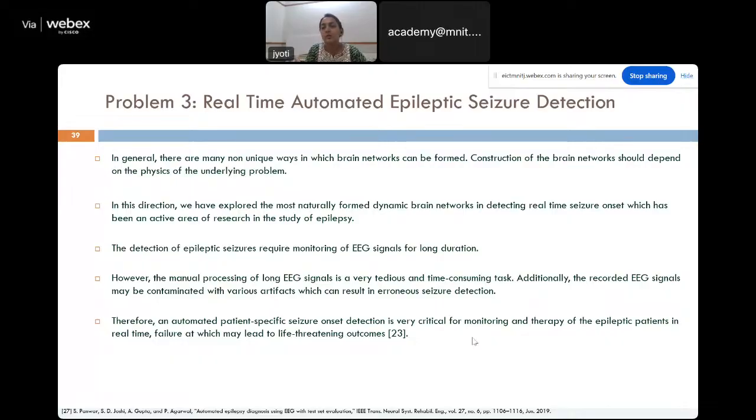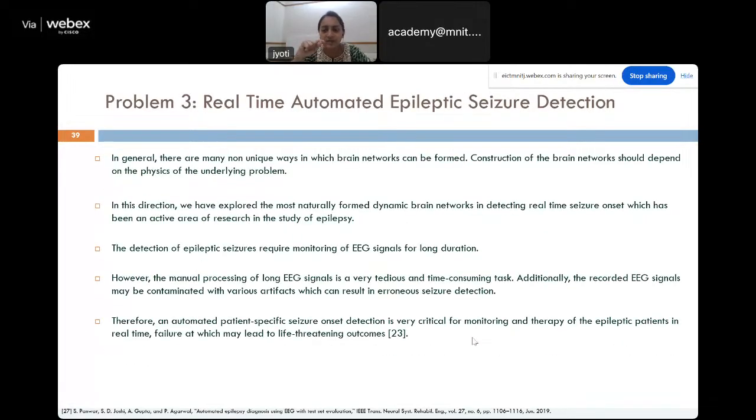So if seizure is progressing, we find the heat kernel, the fundamental solution, which captures the overall dynamics of the system.